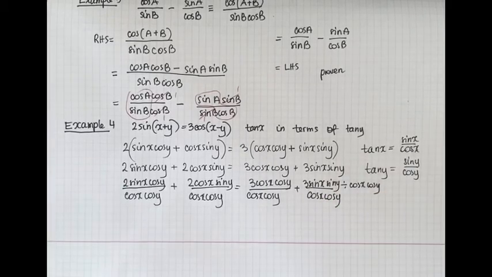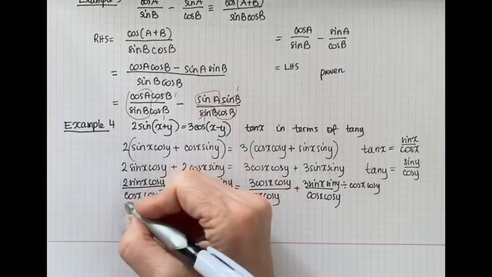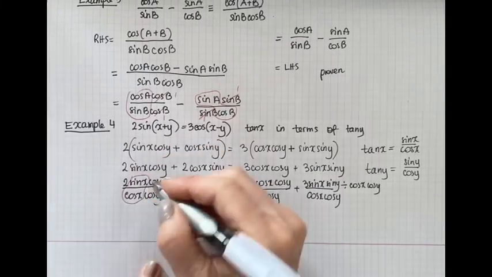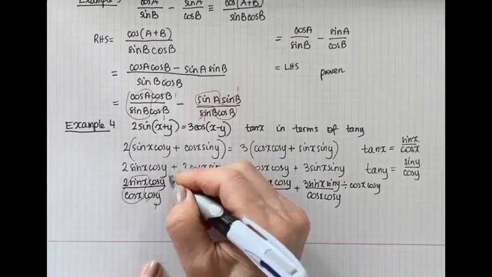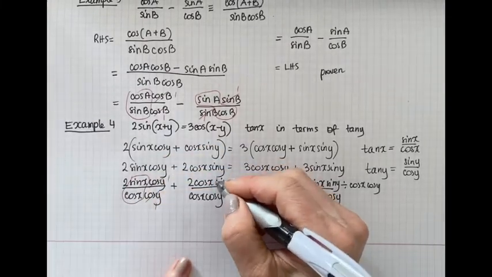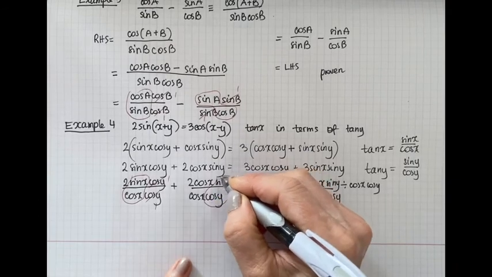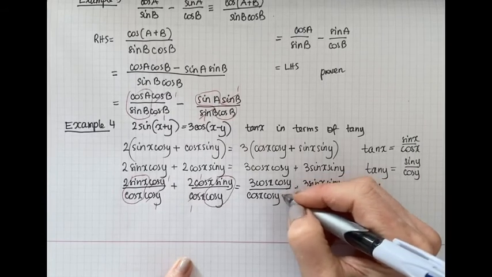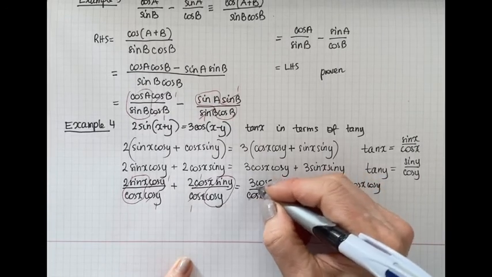Again, let's use my red pen to gather the terms. So here you've got sine x over cos x, that will create a tan x, this will cancel. Here, this will create tan y, this will cancel, and then these both will disappear.